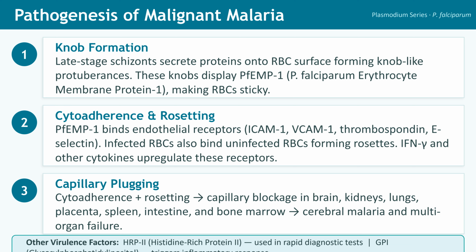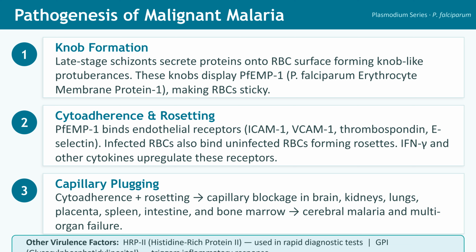During the late schizont stage, Plasmodium falciparum secretes proteins on the surface of the RBC to form knob-like protuberances in the erythrocyte cell membrane, and these knobs carry the specific adhesive Plasmodium falciparum erythrocyte membrane protein 1, so that the infected RBC becomes sticky. This PfEMP1 can bind to endothelial receptors, and infected RBCs can also bind uninfected RBCs, forming rosettes.